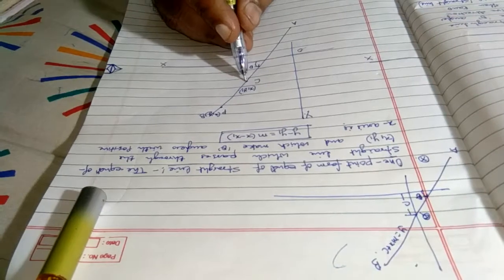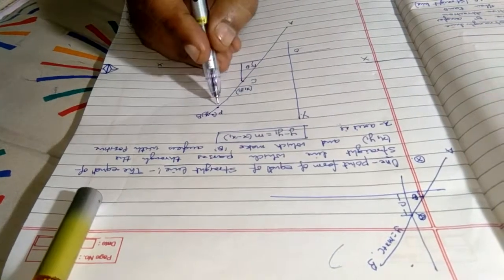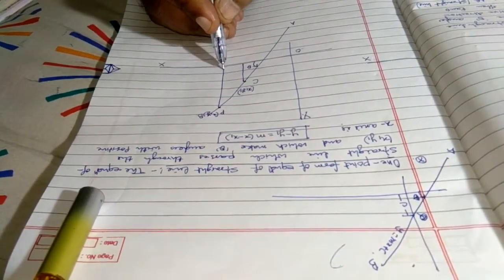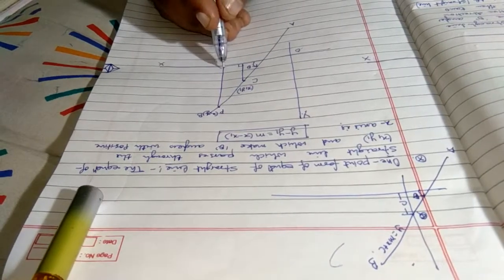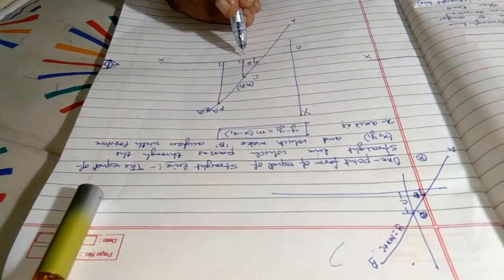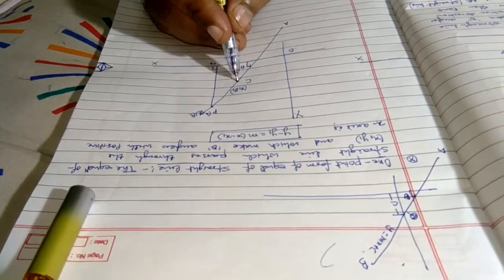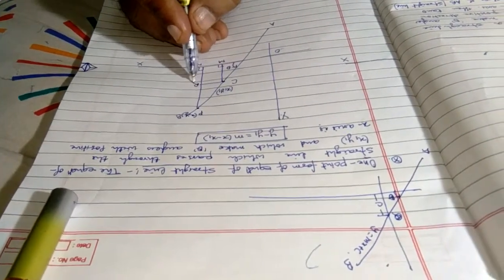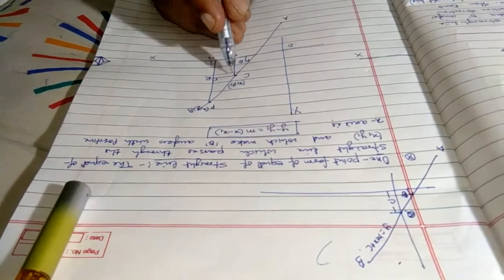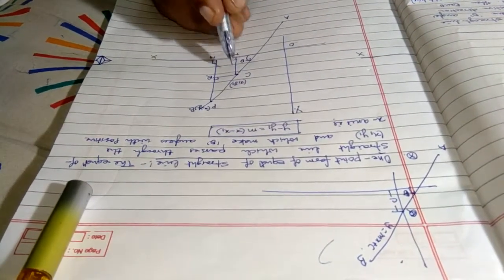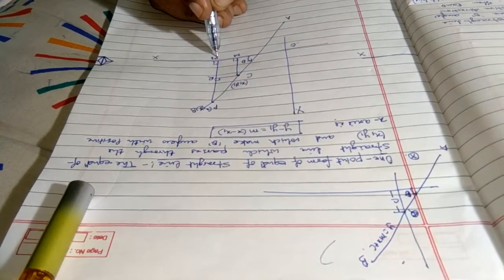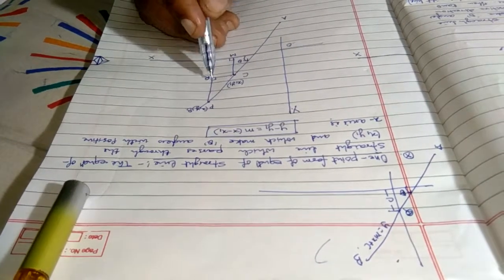So if we draw the perpendiculars from this point C and this point P on both the axes, we see that the perpendicular is drawn at the points M and N. And from C we are drawing the perpendicular PR. As we know, this figure becomes a rectangle, CRNM is a rectangle, and this is a right angle triangle.